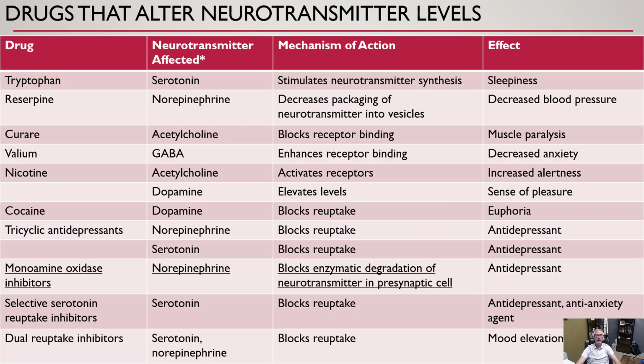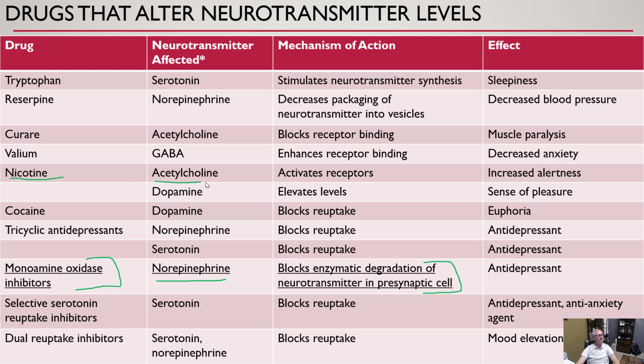All right, medications or drugs that affect or alter neurotransmitter levels. Monoamine oxidase inhibitors is the one that you're going to have to know. It affects norepinephrine. It blocks the degradation of norepinephrine in the presynaptic neuron.